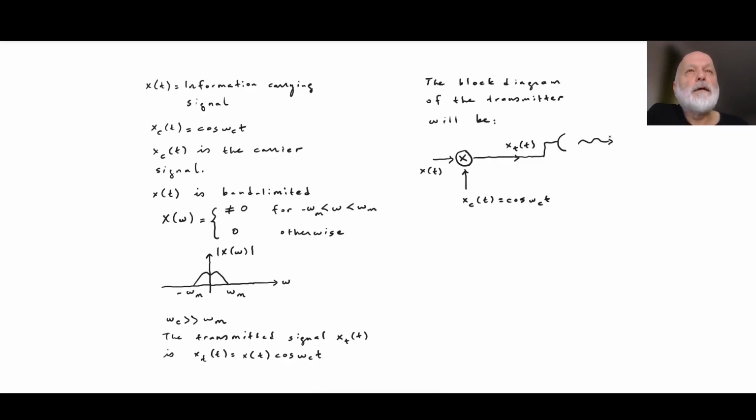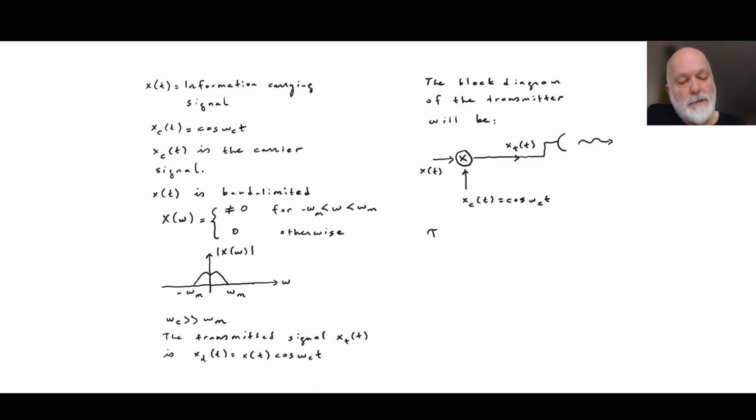Now, in order to understand why we are performing such a multiplication of the information carrying signal with the carrier signal, let us look at the Fourier transform of the transmitted signal.